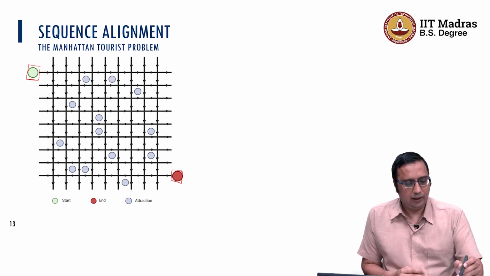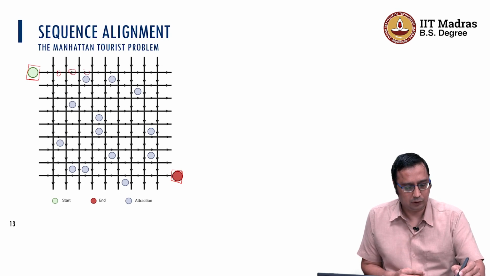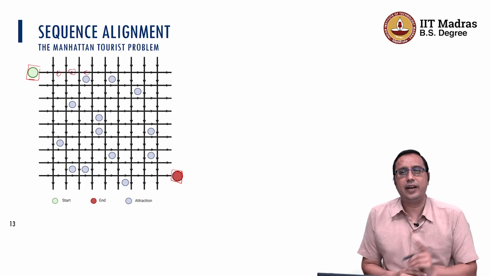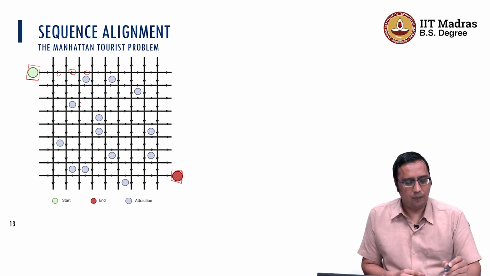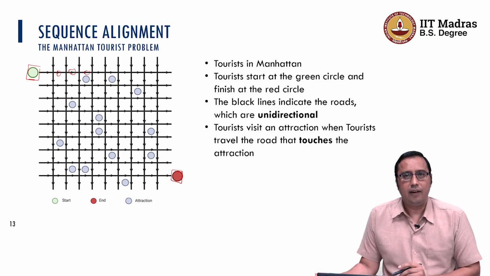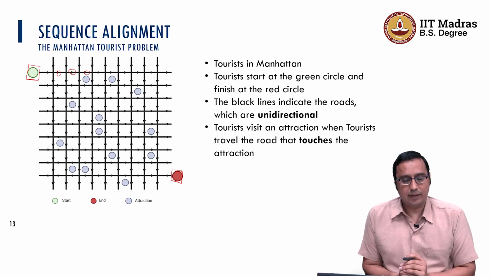But unfortunately, we can go only in one direction. Once I start from here, I cannot go back. You can see these arrows. All these arrows indicate that once we travel in that particular lane, we cannot go back. In other words, I have to find a path which allows me to go from one place to another and touch as many attractions as possible.